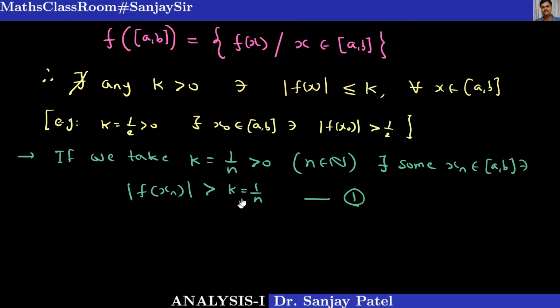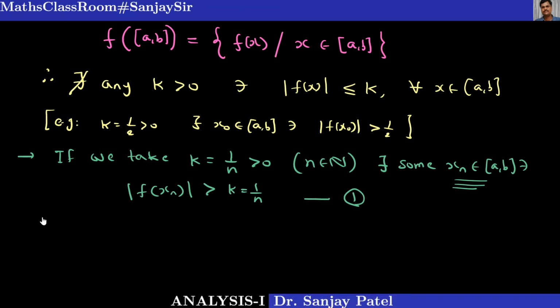Like that, you can repeat this for every natural number, and as a result, you will get different points x1, x2, x3 in this closed interval [a, b].